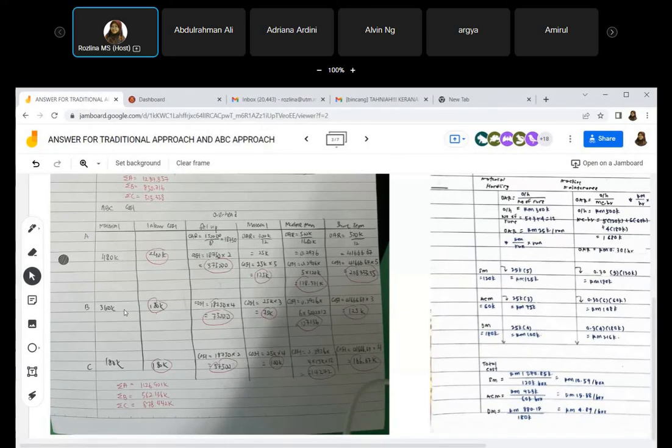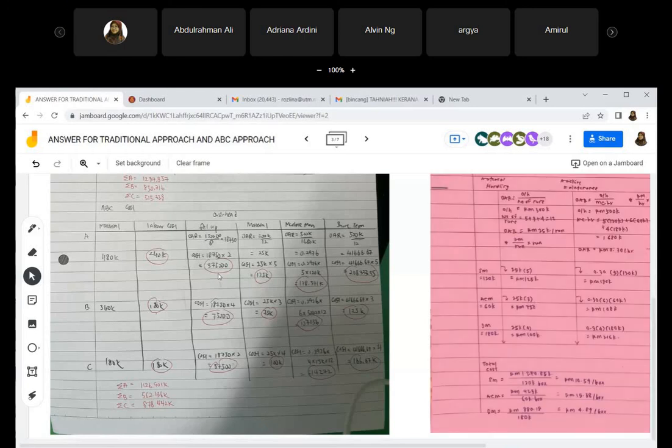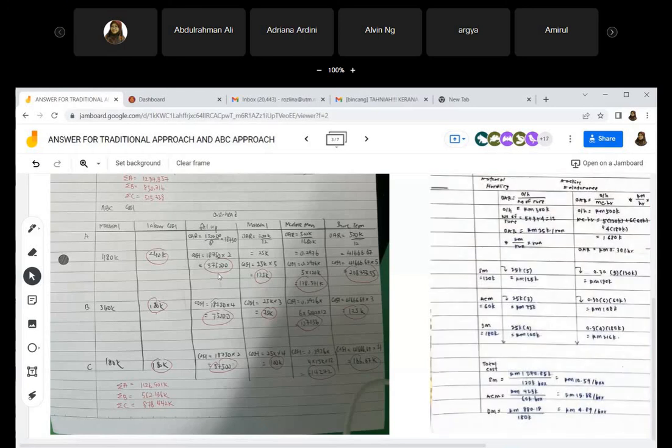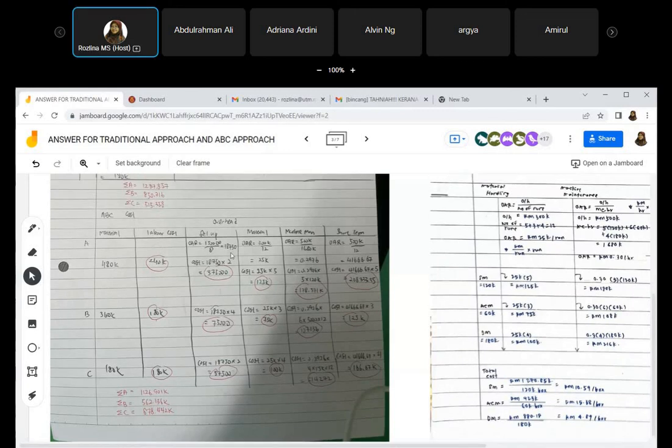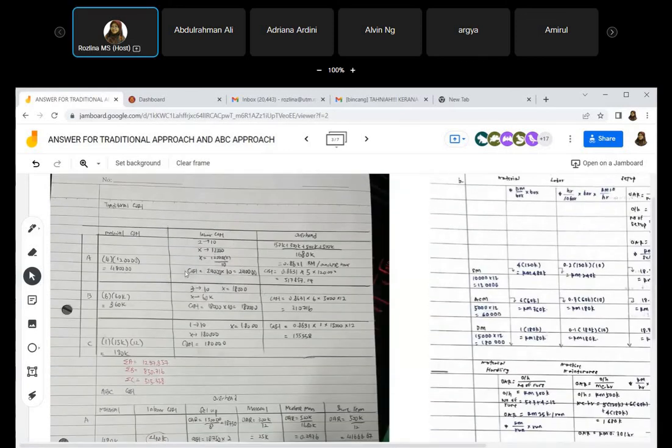Okay, overhead 86, is there any? So, wait a moment. This one is also ABC. Oh, these are different people. The first one and the second one are different persons.